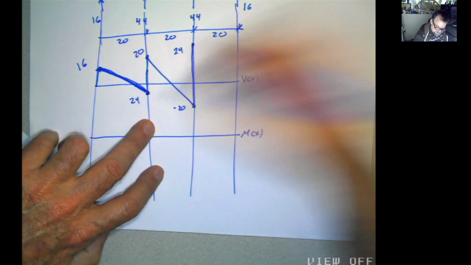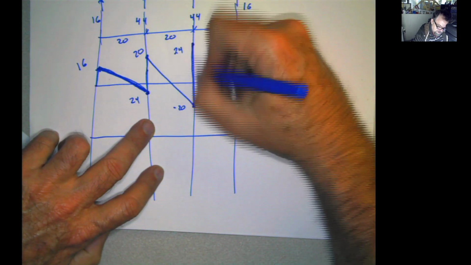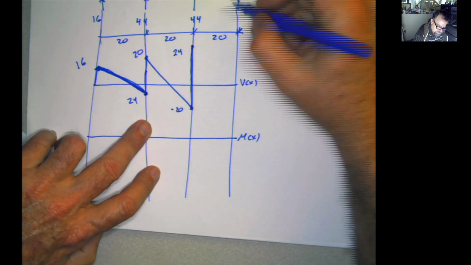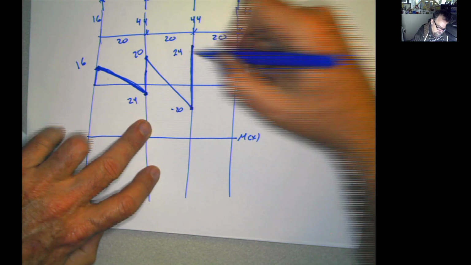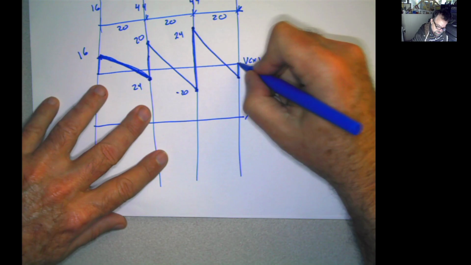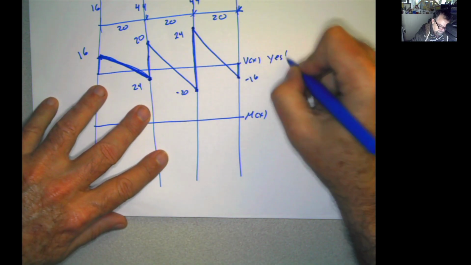Now it's going to be bothering me for the rest of the lecture. 24, and then you have 2 times 20 is 40, 40, 24, negative 16, and this goes from here to here, and then you find this 16, 0, yes.